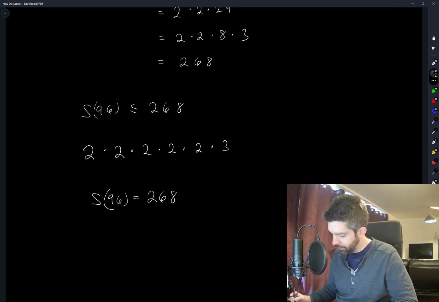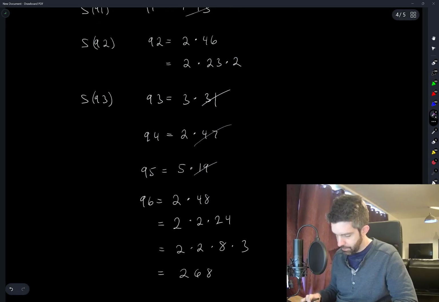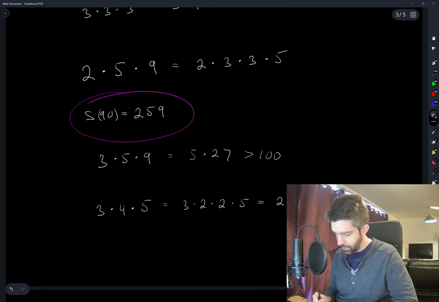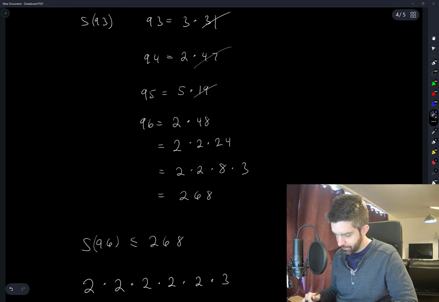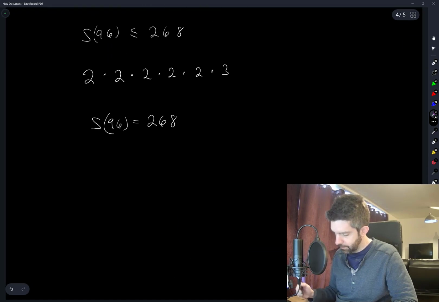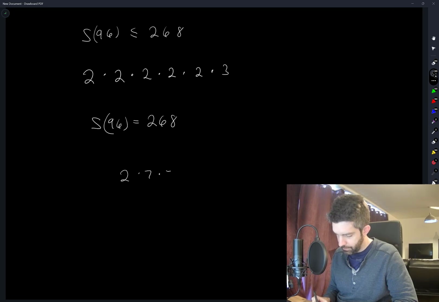S of 96 appears to give us something greater. 268 is greater than 259. Can we go a little bit higher? What is 2 times 7 times 7? This is 98, right?